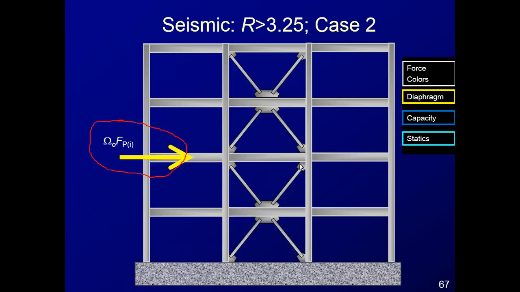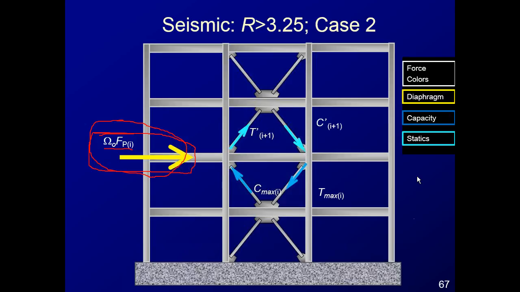And here ASCE is a little bit funny in how it treats omega sub O, and I know I'm a member of that committee, and the committee's gone back and forth a couple of times. But just to be consistent with a more conservative interpretation, we're applying omega sub O to F sub P, which I know there are some issues with. We apply omega sub O to F sub P here.